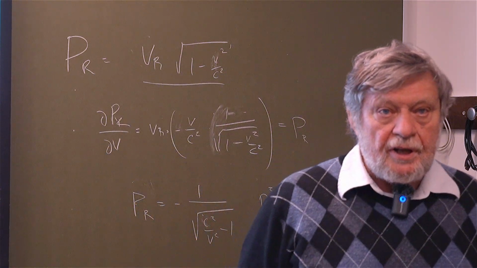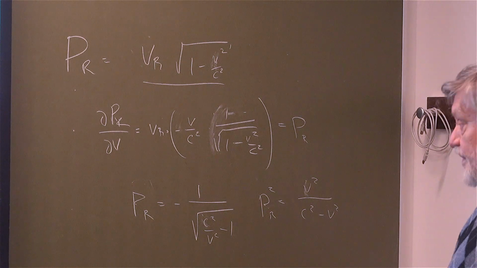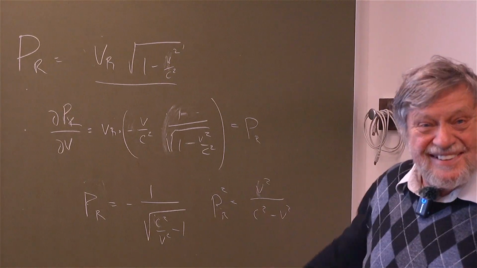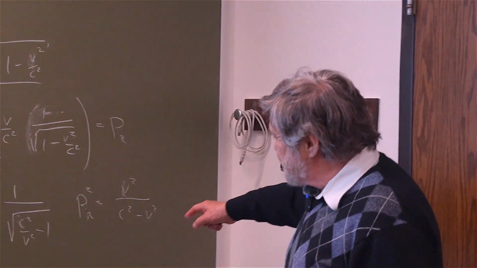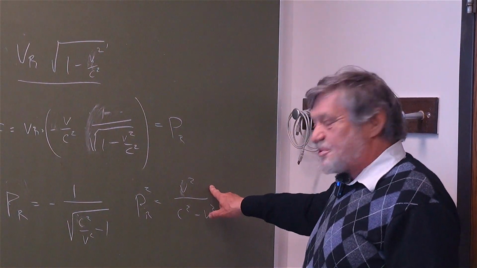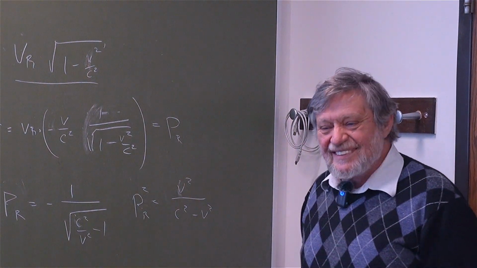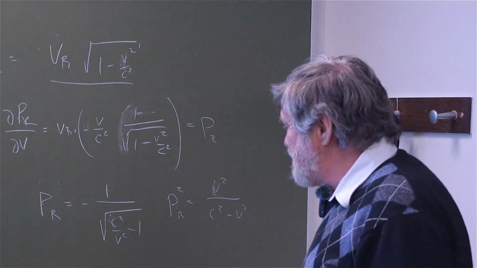So it is possible, but it will be different. When c is very, very large, we see in this formula that p squared is equal to v squared. But otherwise it will be different.